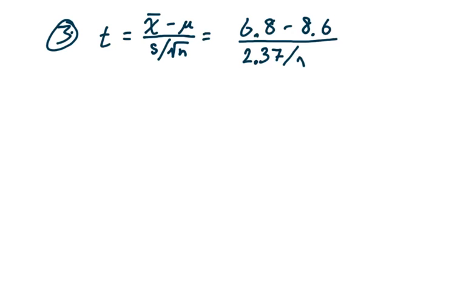We're dividing by 2.37. That was the sample standard deviation that we had to calculate. Okay. And then that is divided by the square root of 12. So we'll work this out, make the calculator do it. We get out negative 2.63.